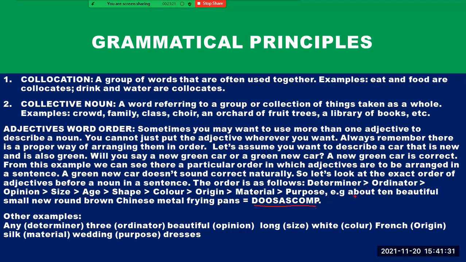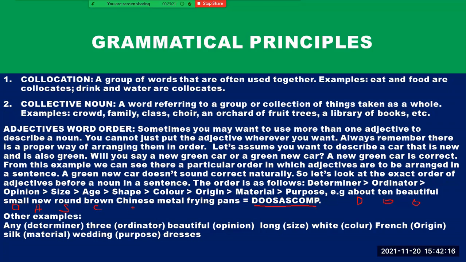Now let's take them. Now you can see about is determiner here. 10 is ordinator. Beautiful is opinion. These are types of adjectives. So beautiful is an adjective of opinion. If you say a girl is beautiful, that's your own opinion, beautiful. Now, small is size, new is age, all right? Round is shape, brown is color, all right?